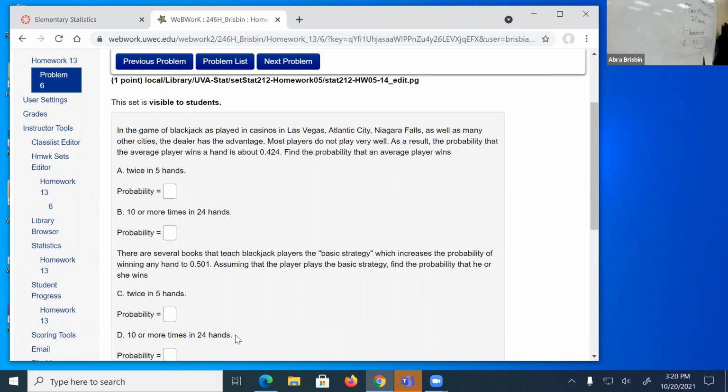So that's our event E, whose probability we want. So E complement is going to be what's left over here, the probability of winning 9 or fewer times. So we want binomial CDF of 9.